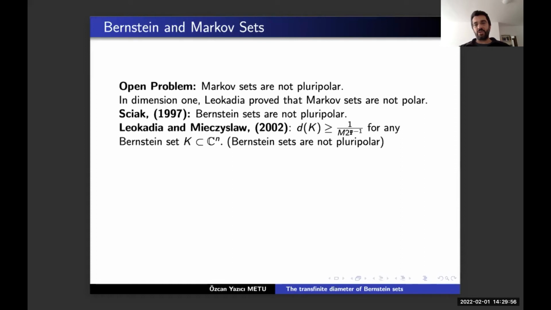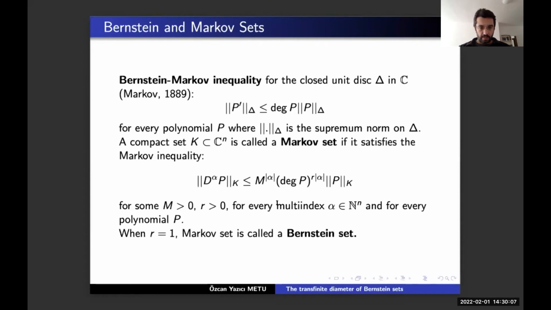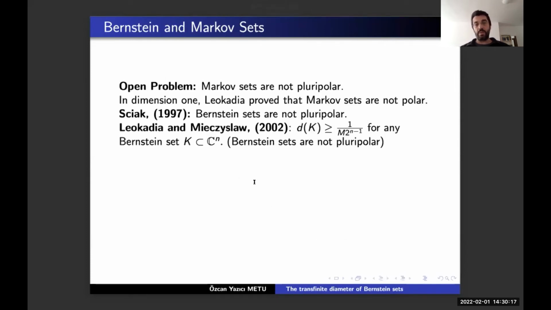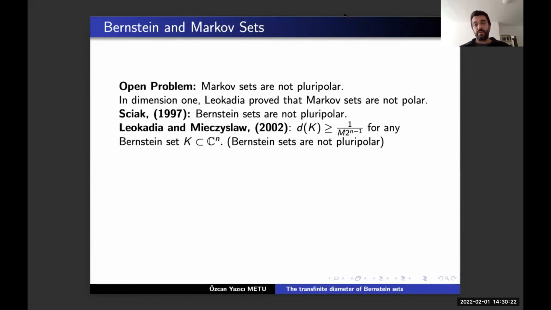N is the dimension of C^n here, and remember this M, it comes from the inequality here. So a Bernstein set satisfies this inequality with M, and in that case, we have this lower bound for the transfinite diameter. Well, why is this important?